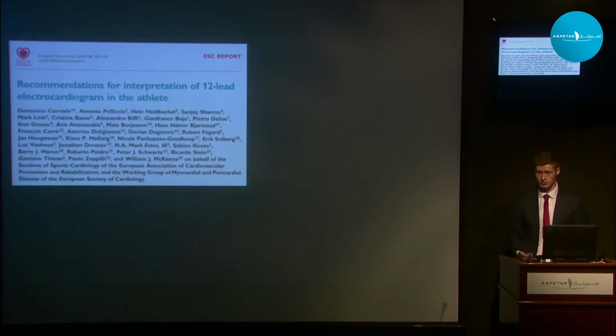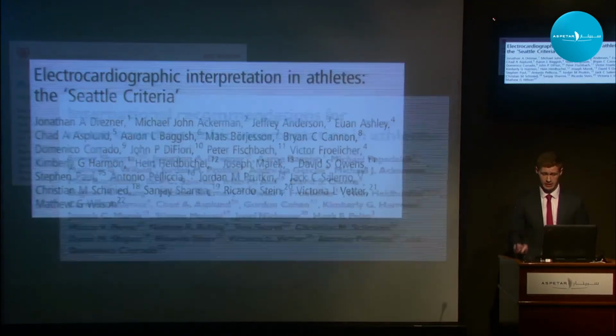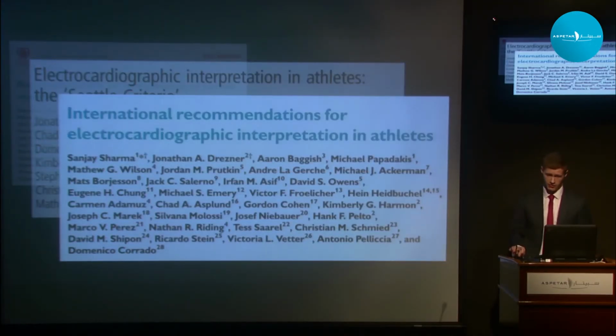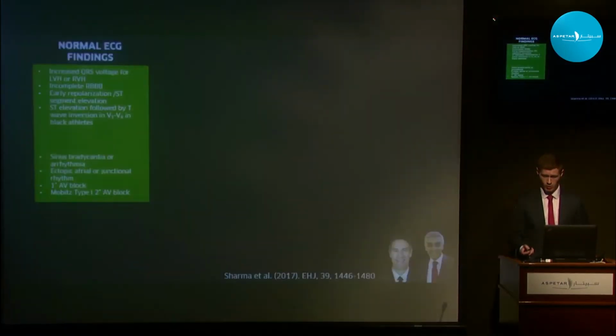Over the years, we've sought to improve these in view of reducing our false positives, i.e. triggering further diagnostic tests with no heart conditions being detected, in the form of the Seattle and international recommendations. I think it's important to recognise that in these international recommendations, Aspetar has had key representation in the form of Matthew Wilson, Nathan Ryden, and Dr. Carmen.